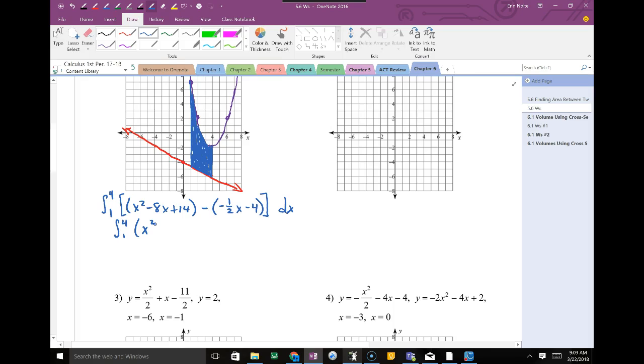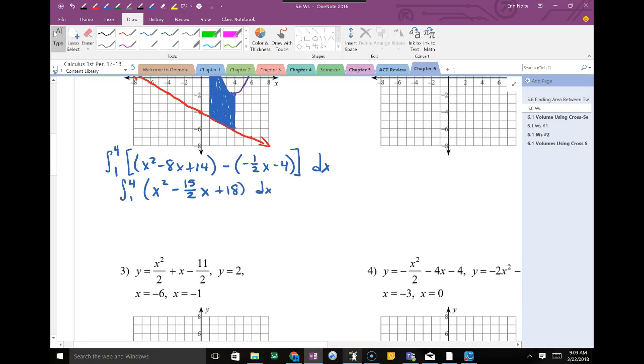Negative 7.5, but I like fractions, so what's negative 7.5 the same as? 15 halves. So negative 15 halves, good. And then what's my constant? What's 14 minus negative 4? Plus 18, good. So there's our function that we're now going to integrate.